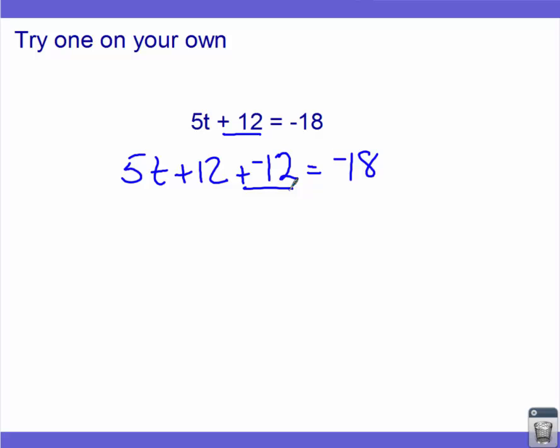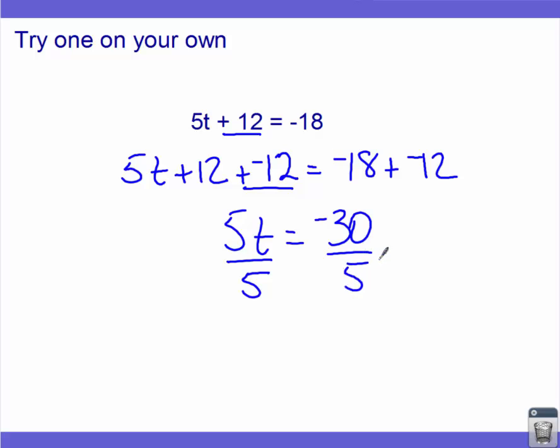This is what I added to one side, so I've got to add the same thing to the other side. So the 12s go away. We're left with 5t equals, and then we put the negative 18 and the negative 12 together, which gives us negative 30. Now I have to get rid of the multiply by 5. So I divide by 5, divide by 5, and we end up with t equaling negative 6.